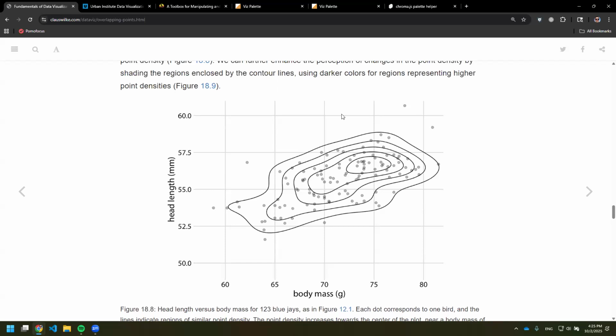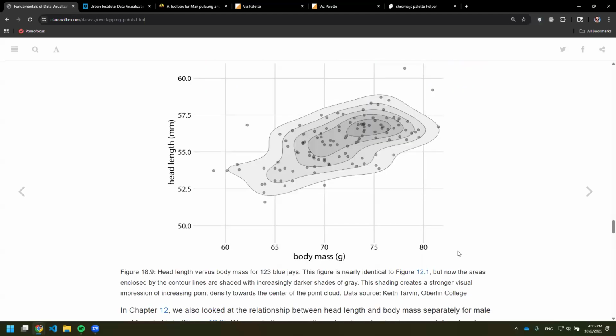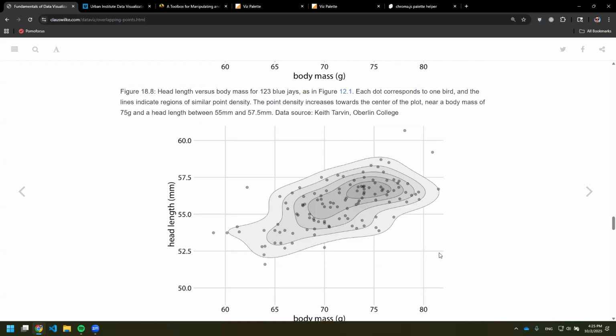But this maybe doesn't look great at the outset. You have these really dark lines, but it's kind of hard to discern what's going on here. I can see, yes, there are lots of plots. I can see, yes, there are contour lines, but it's a little hard to interpret. And one thing that we can do that makes this a little bit easier on the eyes, at the very least, is to color the areas so that these areas naturally show, the darker the color of the area within the contour lines, the greater the density of points present.